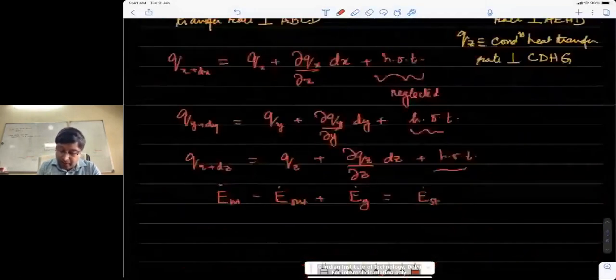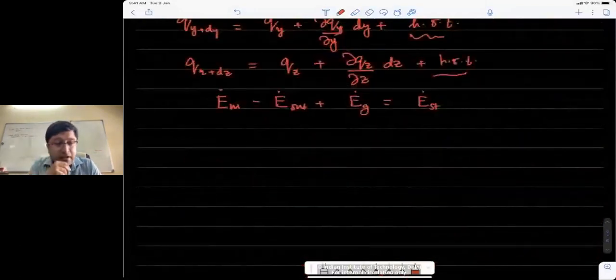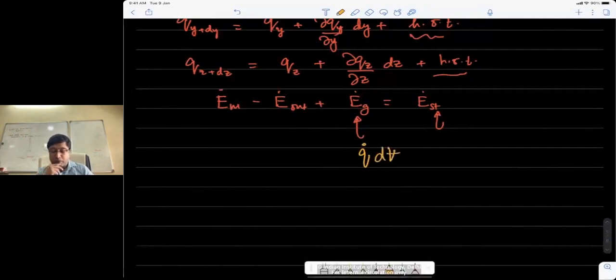So let's move on. Once we have this energy conservation equation, we need to also look at what would be E dot G and E dot ST, the storage term. Remember, we wrote that q dot is the rate at which energy is being generated per unit volume. So q dot times the differential volume gives me the rate at which energy is being generated.